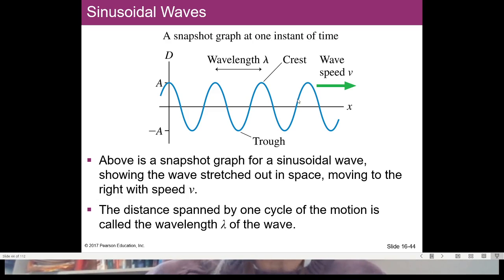And so here it is as a function of x, and you can see that the oscillations again look completely sinusoidal. Notice that the wave is going in the positive x direction, and we can label the distance between any two crests as the wavelength, or the distance between any two troughs as the wavelength. And we can also label the distance between the zero amplitude and the largest amplitude as A, the amplitude of the wave.